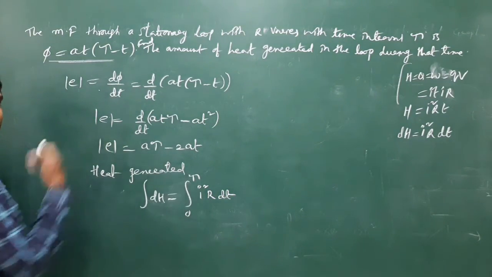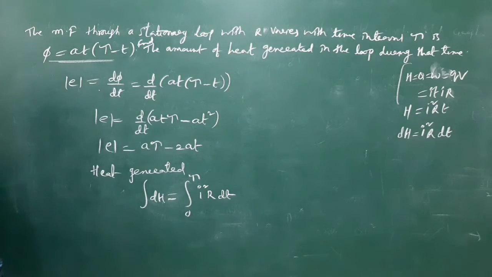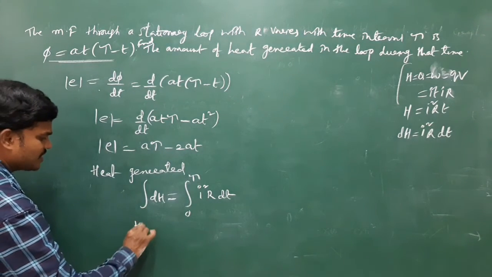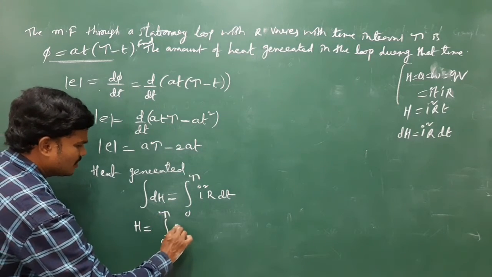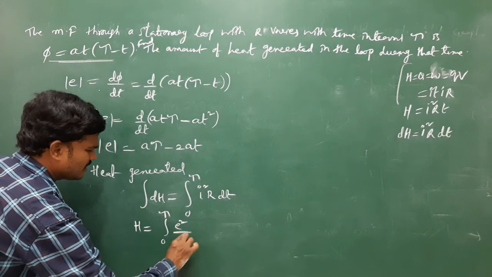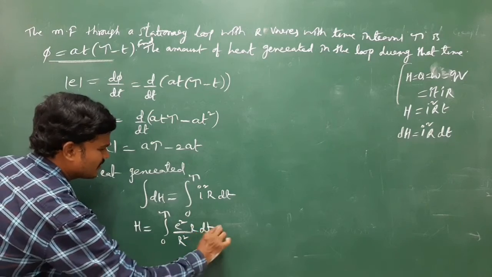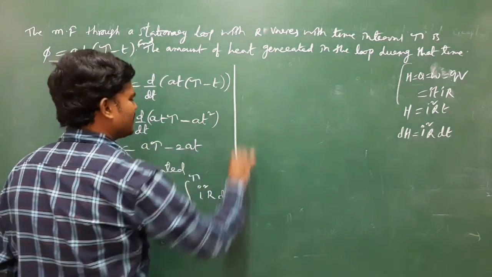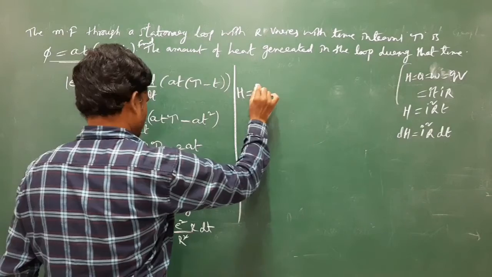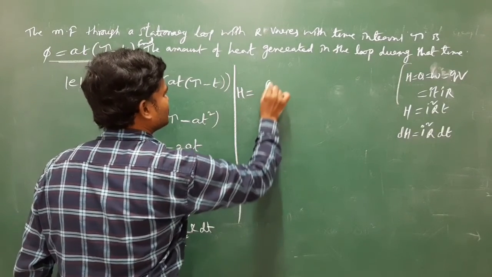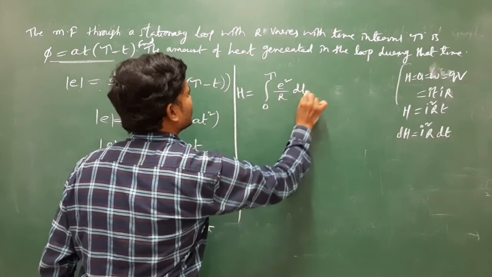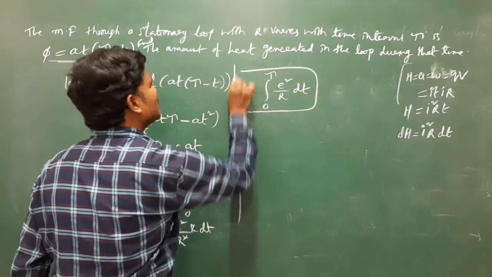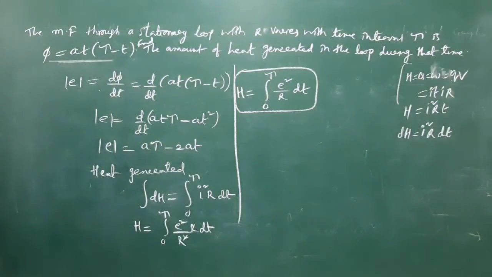I is nothing but EMF divided by R, so H is the integration from 0 to tau of E square by R dt. Use this formula to get the heat generated.